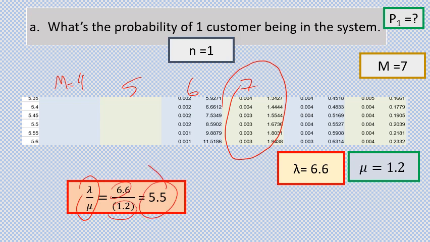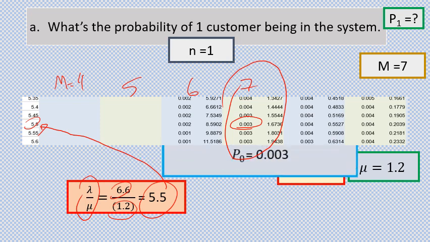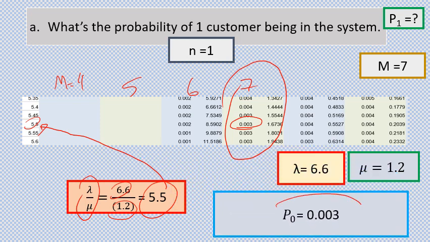That gives us 5.5, and that's going to be right here. So if we go to 5.5, we get P0 equals 0.003. Remember we're using m equals 7, and we have to pay attention to what m is equal to on the vertical.